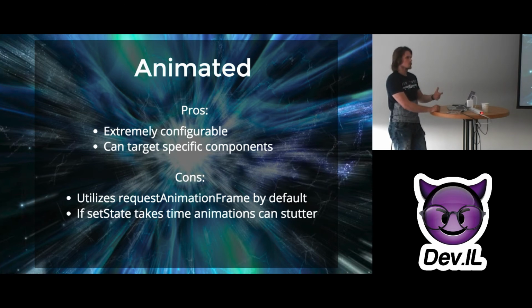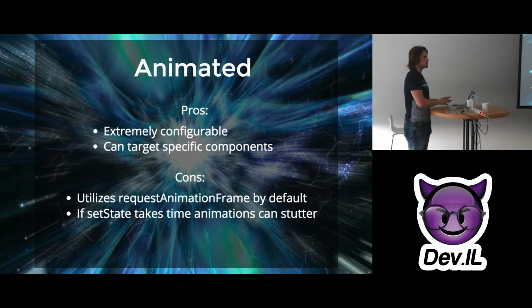And if you pass it in your animation, the whole animation stack is transferred to the main thread, and you get the same performance as layout animation. But with the same cons, you can't stop in the middle of the animation. If setState takes time, animations can stutter in case we use requestAnimationFrame.